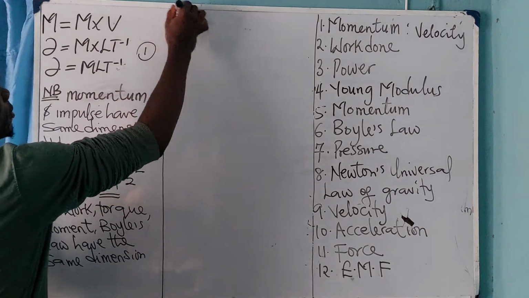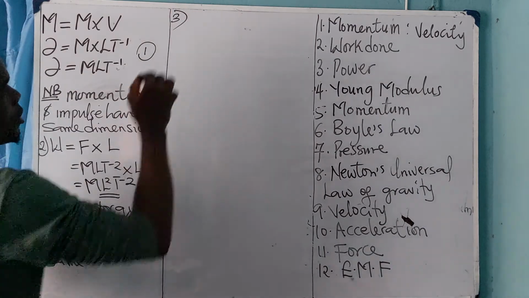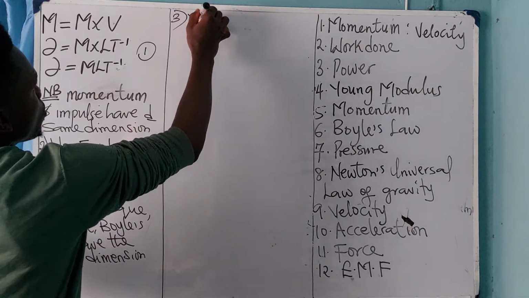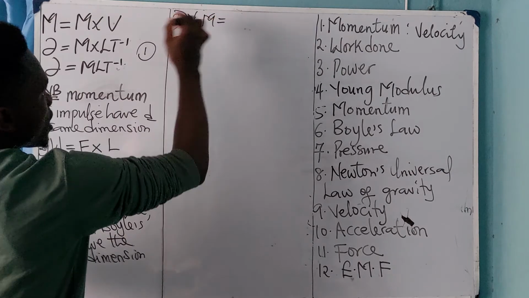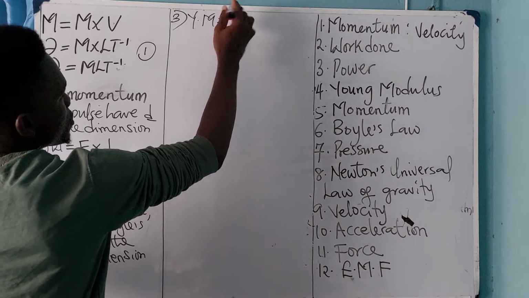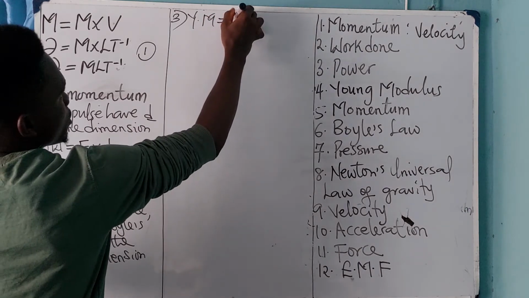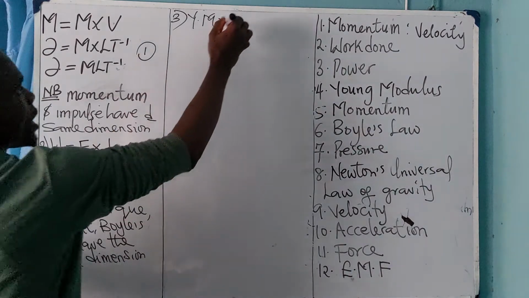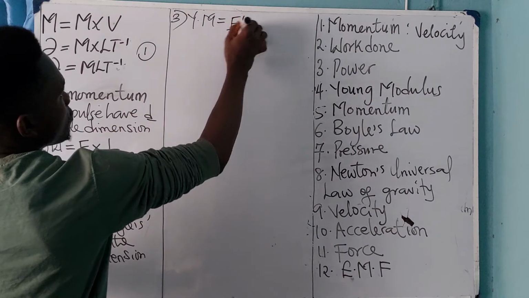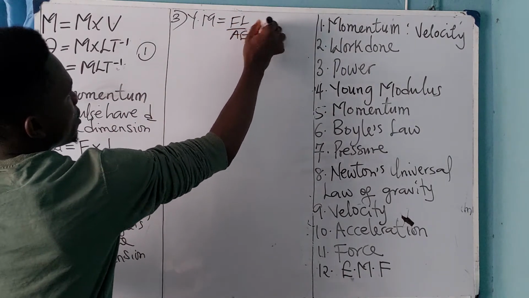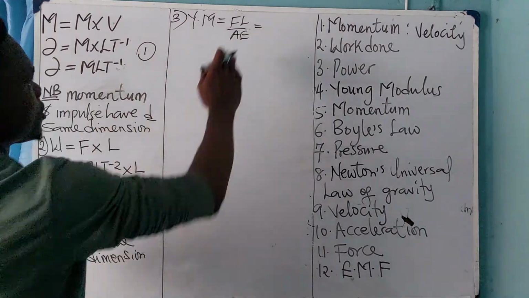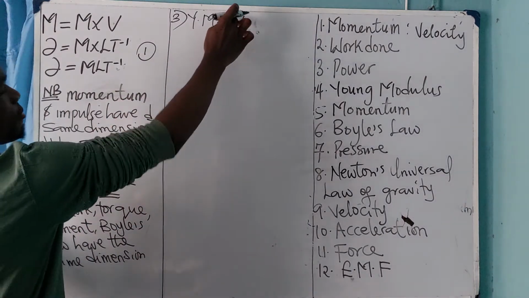Then number three, let me take Young modulus. Young modulus is written as stress over strain. Solving completely, we have FL over AE. F represents force.